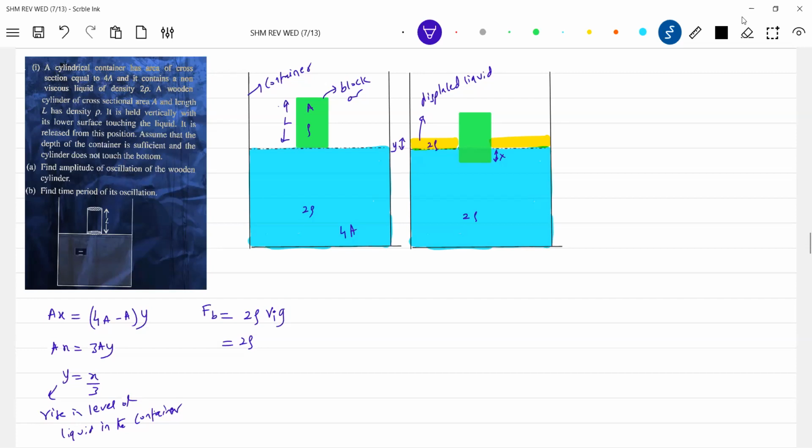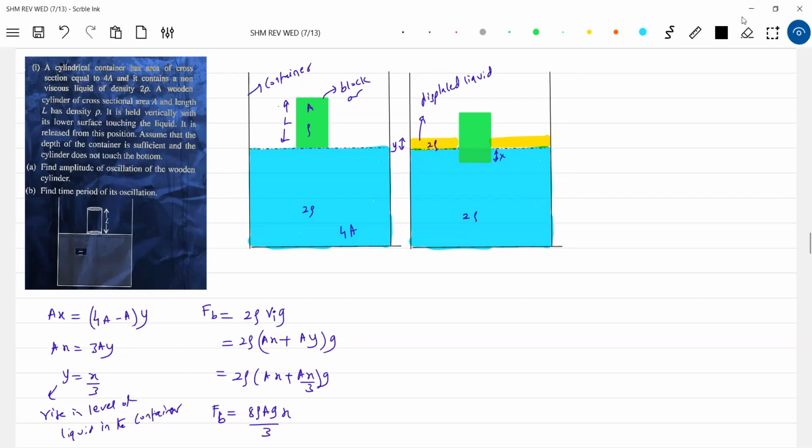Now what is the volume immersed? A into X plus A into Y. What is Y? Y is equal to X by 3. So this everything will become 8 rho A X by 3. This will be the buoyant force when X length is immersed.